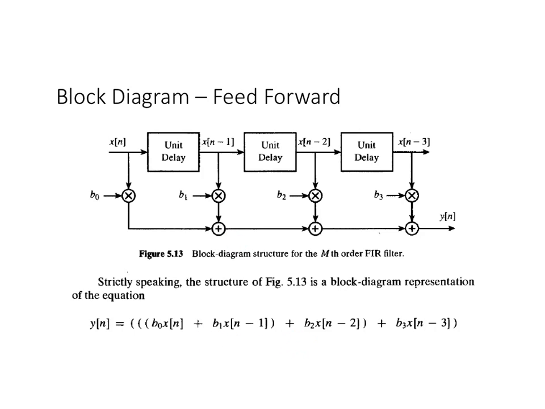And then this addition is this addition. It is the output of this adder being added to the output of the second delay multiplied by the second filter coefficient, and so on. And so this entire equation reflects the block diagram shown here.